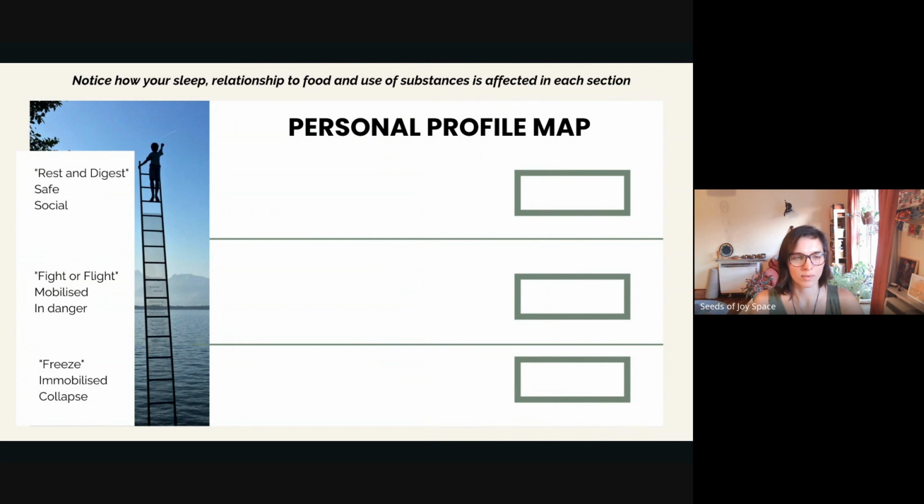And then I'm just going to be taking a couple of minutes in each, as you can go back to this personal profile map, and you can keep adding things as you remember them or you experience them.